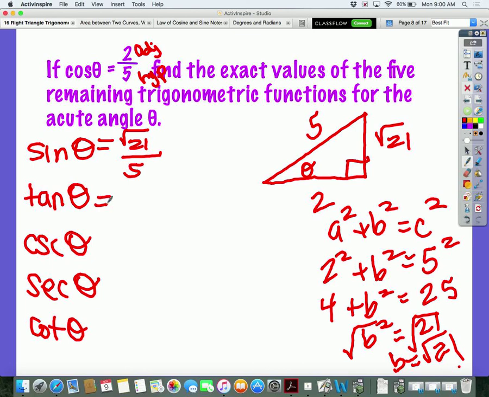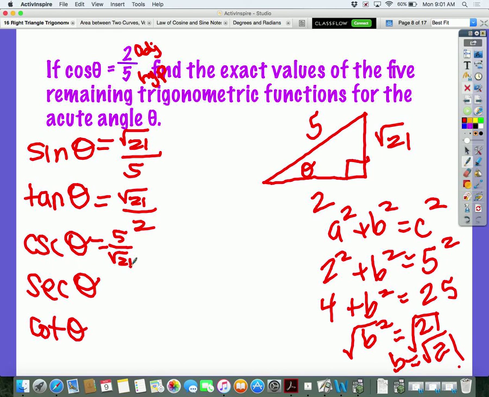What about tangent? Anybody? Opposite over adjacent, so that is square root of 21 over 2. So far, so good? Cosecant. 5 over radical 21.